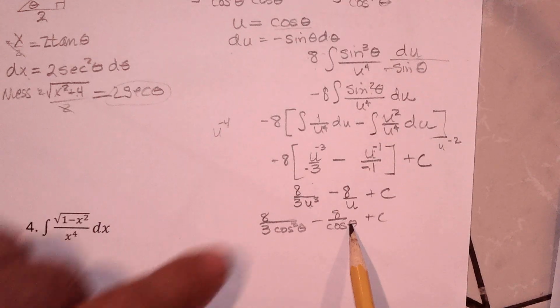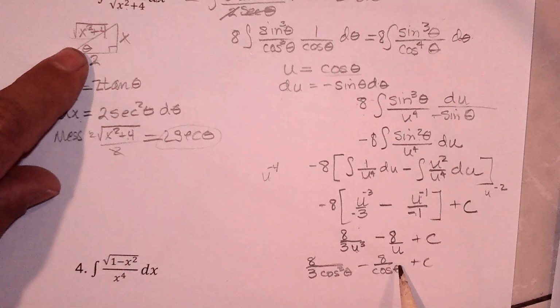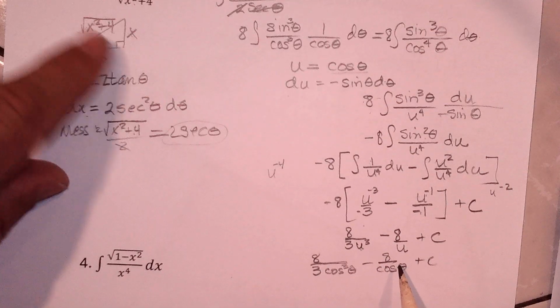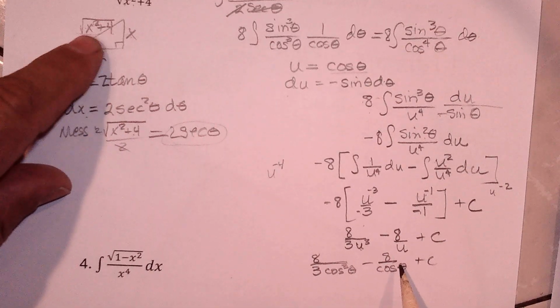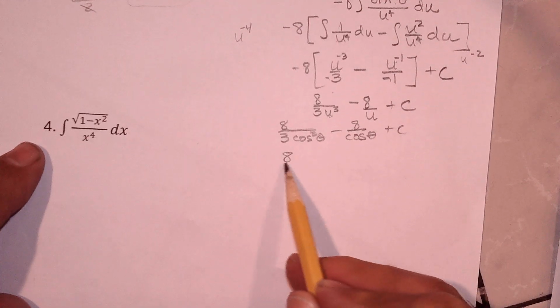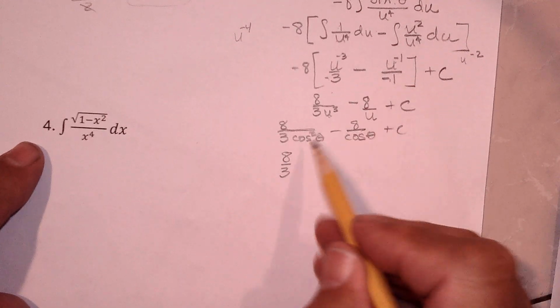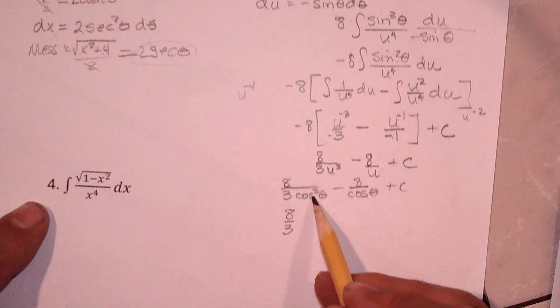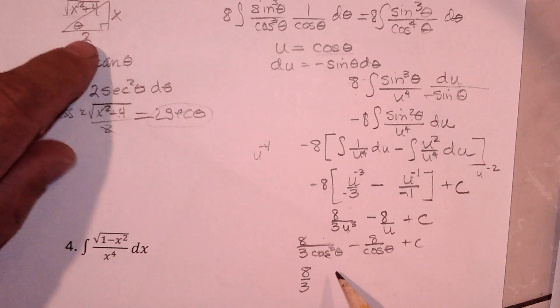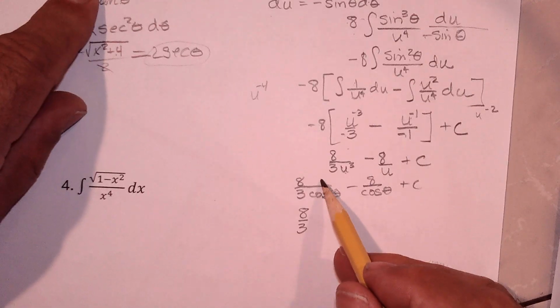Now I got back from u back to theta, and now I got to go back to x's. The cosine would be 2 over that square root, adjacent over hypotenuse. So this would be 8 over 3, and this is in the denominator, so this is 1 over cosine, which is the reciprocal, so it's going to be this over 2 if I move this to the numerator.